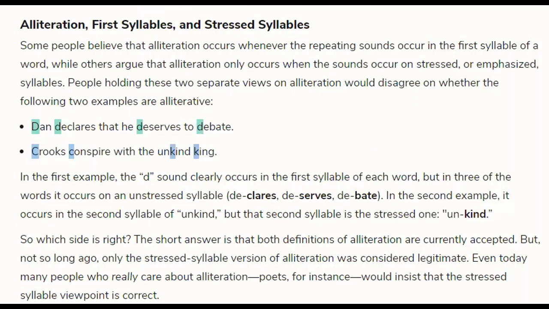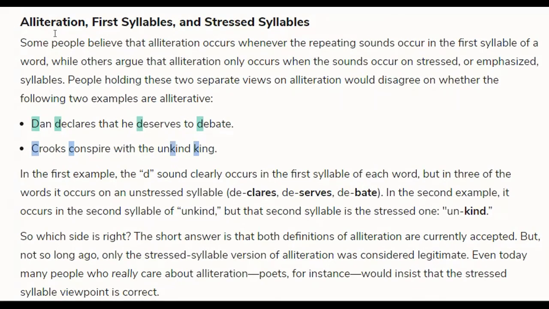Here, this rule also you can keep in mind: alliteration, first syllables and stressed syllables. Some people believe that alliteration occurs whenever the repeating sounds occur in the first syllable of a word, while others argue that alliteration only occurs when the sounds occur on stressed or emphasized syllables.